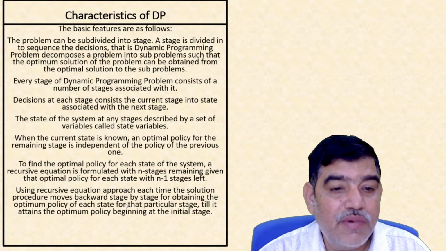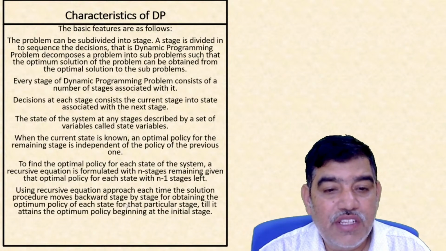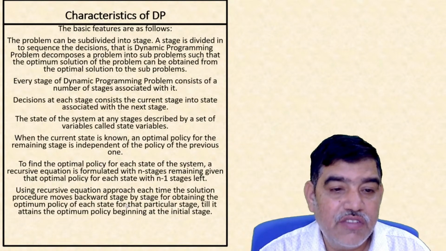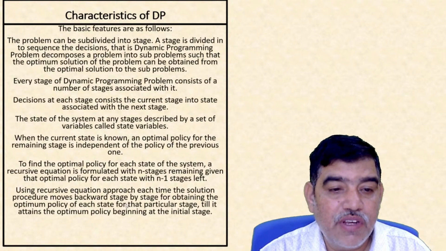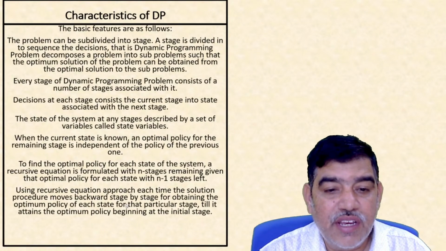Then, to find the optimal policy for each state of the system, a recursive equation is formulated with n stages remaining, given the optimal policy for each state with n-1 stages left.